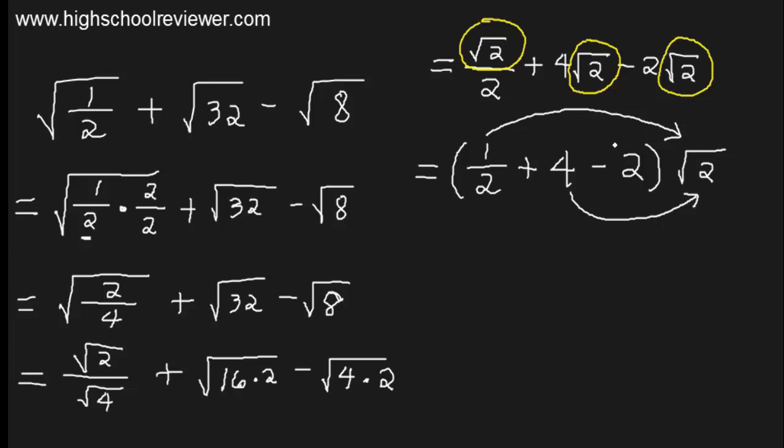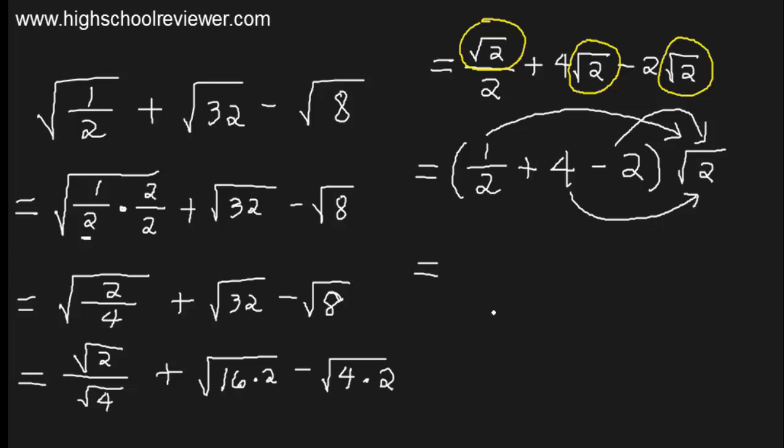So we will have here negative 2 times square root of 2, that will be negative 2 square root of 2. So combining, we will have 1/2 plus 4, that will give us 3, and okay, let's add here. So we will have 1/2 plus 4 minus 2.